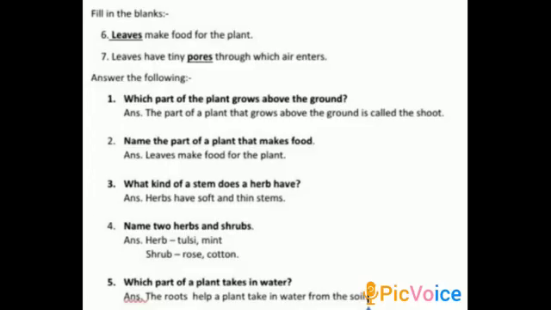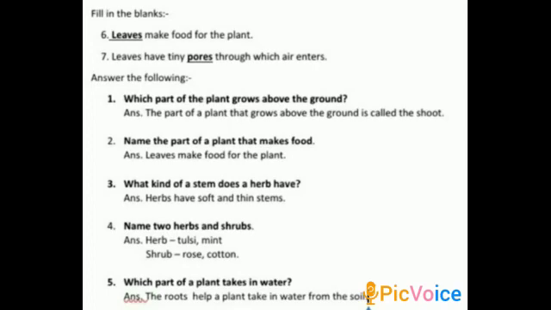Children, let's discuss the question answers in this lesson. First one, which part of a plant grows above the ground? Shoot grows above the ground. Second one, name the part of a plant that makes food. The leaves make food. Third one, what kind of stem does a herb have?